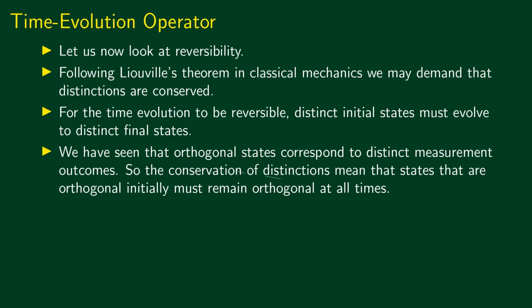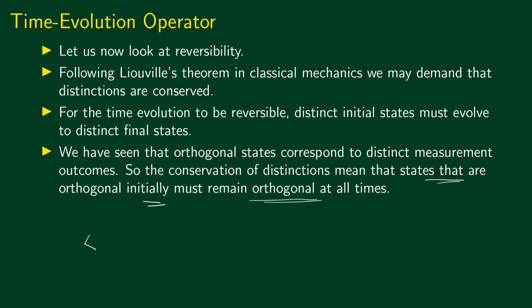Now, we have seen that orthogonal states correspond to distinct measurement outcomes. We have already discussed this. Orthogonal states represent states corresponding to mutually distinguishable or mutually exclusive measurement outcomes. So the conservation of distinctions means that the states that are orthogonal initially must remain orthogonal at all times.